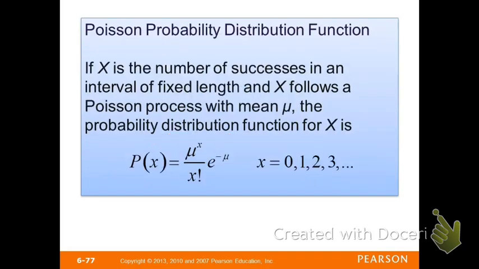Okay, Poisson probability distribution function. Like I said, I knew this was going to pop up. They're just telling us, now that we know the formula for mu, they're writing the formula for the probability in a different way, right?